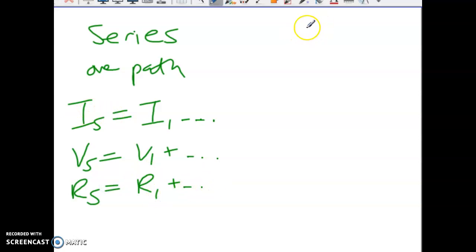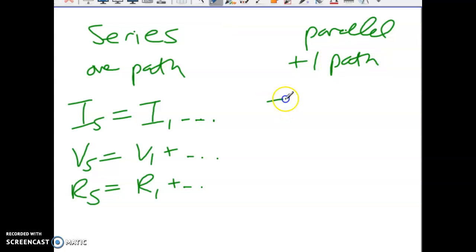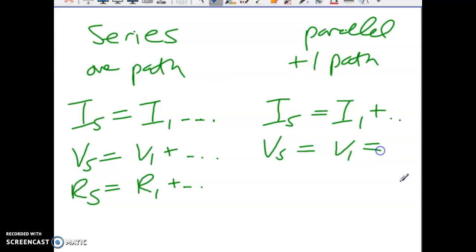Where you have parallel, that means you have more than one path. Your current is additive. Your voltage is equal, and your resistance is a relationship known as Kirchhoff's law.